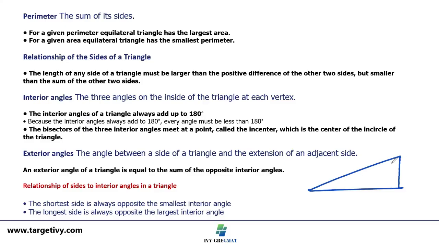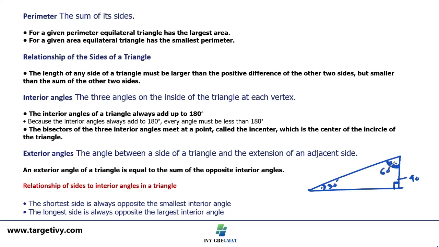By the very looks, I can find that, say, this is 90 degrees. This is a larger side. This is the shortest angle, the smallest interior angle, and this is the right angle. This is an obtuse angle. This is an acute angle. Say this is 90. This is 30.